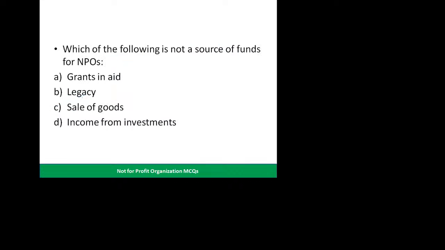So next question. Which of the following is not a source of funds for NPOs? Grants in aid, legacy, sale of goods, income from investments.